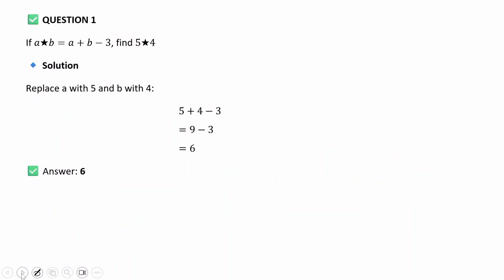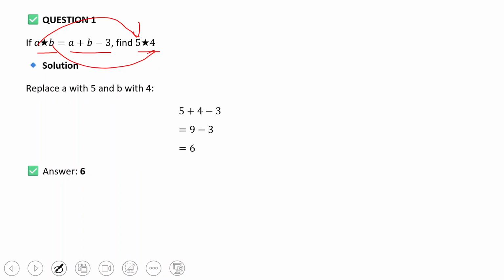Okay, so let's just dive into question one. We're given a star b is defined as a plus b minus 3. Find 5 star 4. What that means is that, by way of inspection, a means 5 and b means 4.